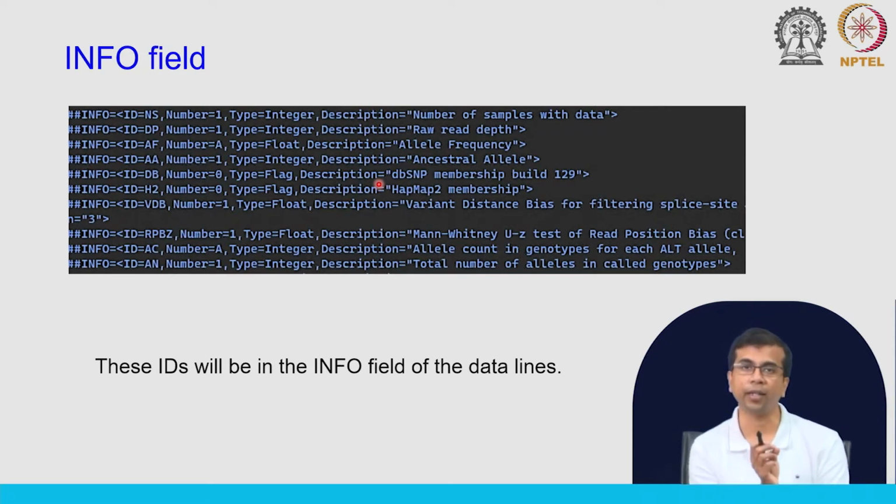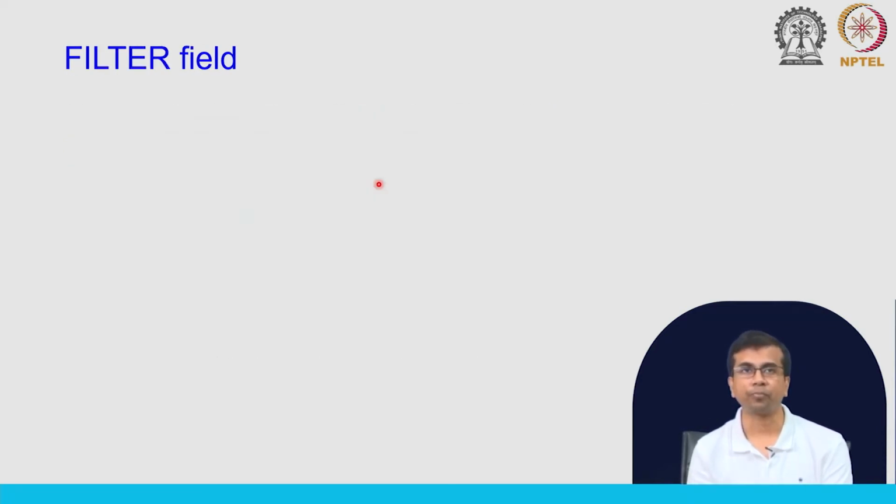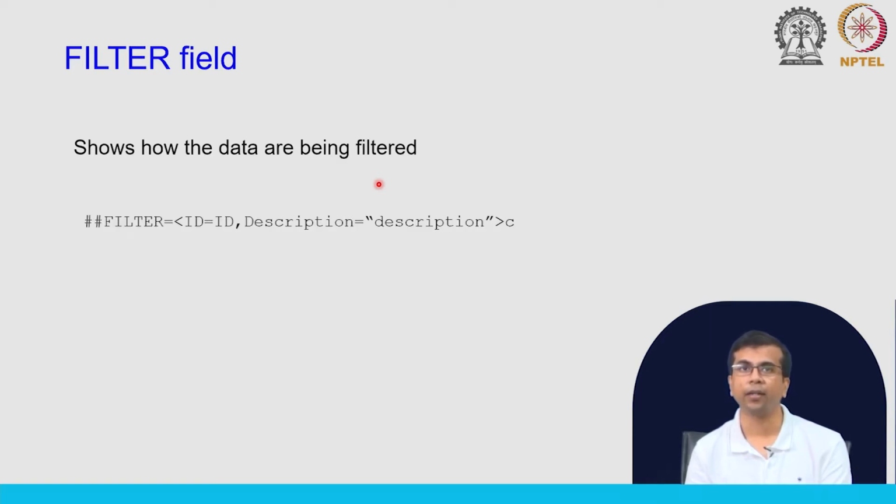So, we have seen the data lines. You can now connect this information to the data lines, and see what these values actually mean for each variant. Then you have the FILTER field, as you have mentioned. It shows how the data is being filtered, and this is how it would look like: FILTER equals ID and some description.